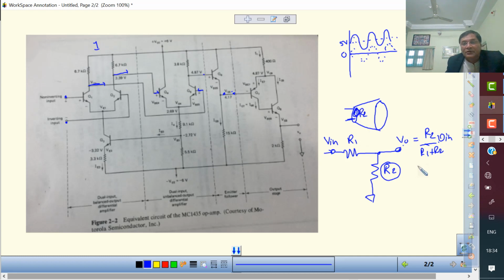So what happens if R1 is large? Means resistance between these two is large, then what happens? This denominator is large, and so voltage in the speaker will be less. It gives less current. So whatever the voltage here, it is useless. So we have to minimize this R1.